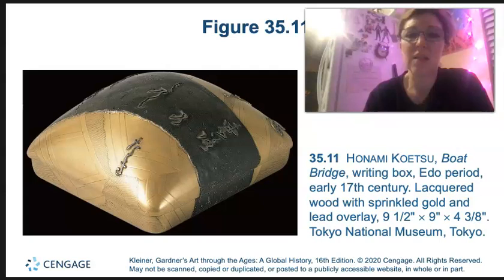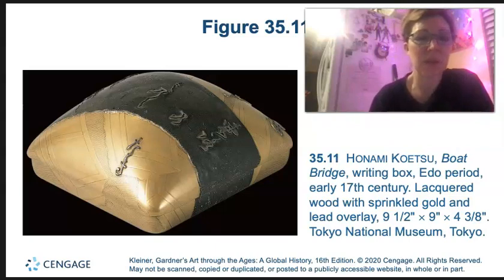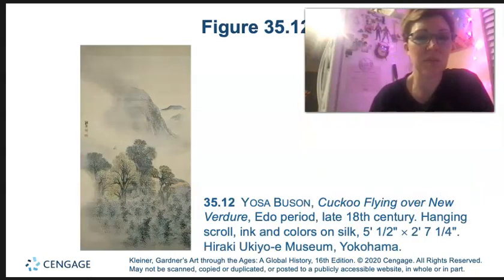The school of painting that features vivid color, I don't know how vivid it is, but extensive use of gold and silver and decorative patterns is the Rinpa school. The school that did not have a continuity of lineage in which father trained son or master trained pupil is the Rinpa school. So a lot of notable things about that.